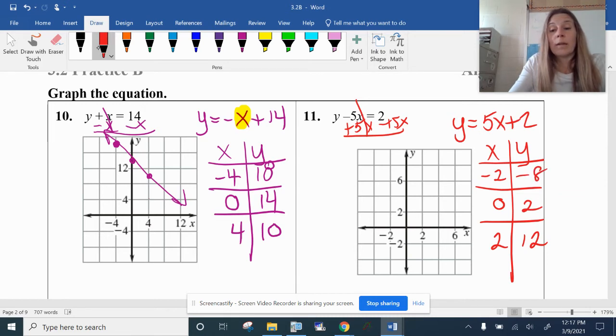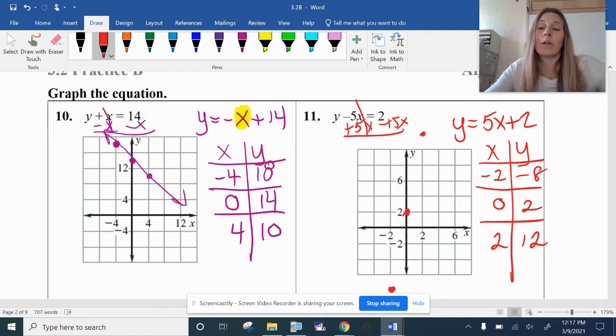So -2 and -8, 4, 6, 8 is actually going to be slightly off the graph. Then 0, 2, and then 2, 12, 2, 4, 6, 8, 10, and 12 would be off the graph too. If you had done ones, you would have gotten fractions in between here. And then your arrows on both sides.